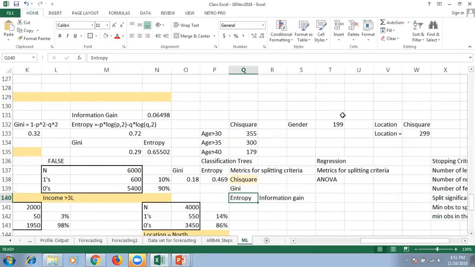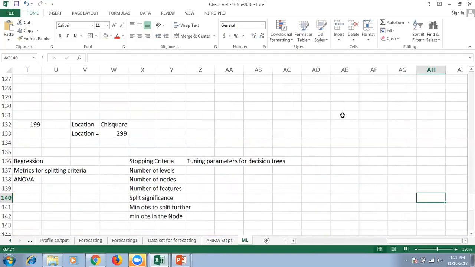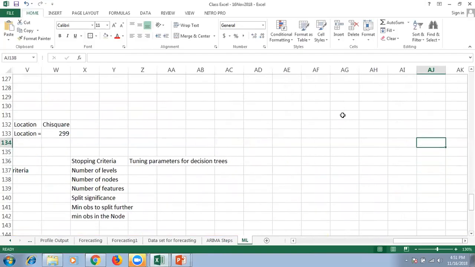Each algorithm will use a different one. There is a very popularly known algorithm called the CART algorithm. The CART algorithm will use either Gini or entropy. The CHAID algorithm is another algorithm, and its splitting criteria is chi-square.